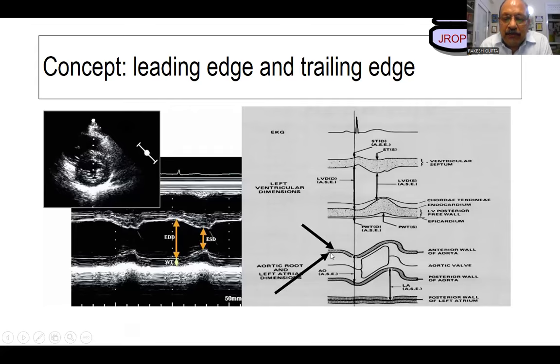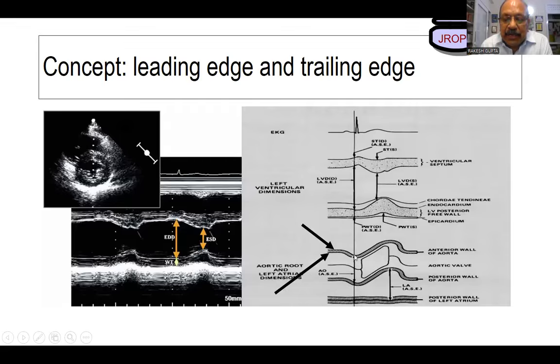The point which is away from the transducer is the trailing edge.